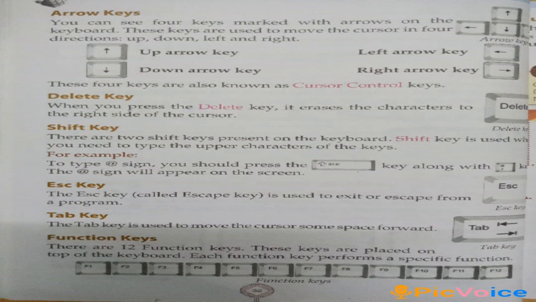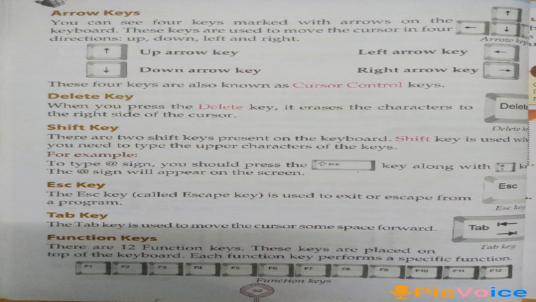Then arrow keys. Dear students, we can see 4 keys marked with arrows on the keyboard, and these keys help us to move the cursor in 4 directions: up, down, left and right.